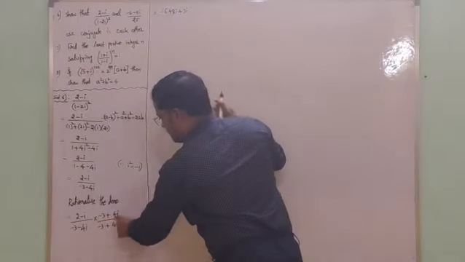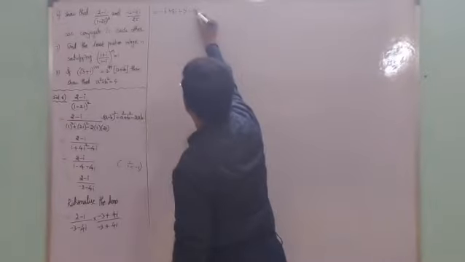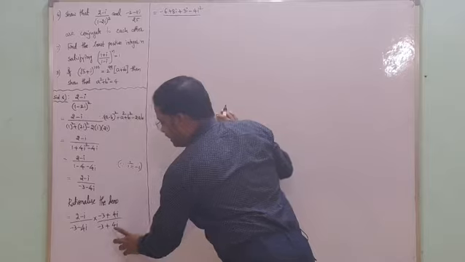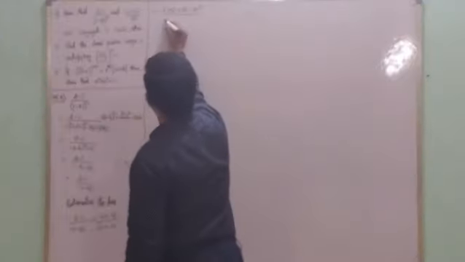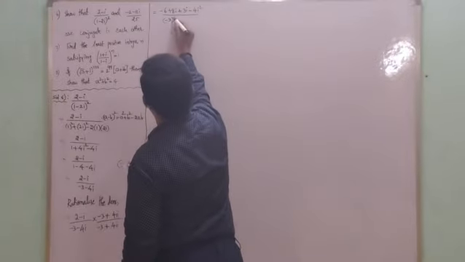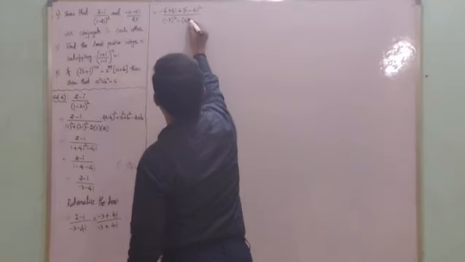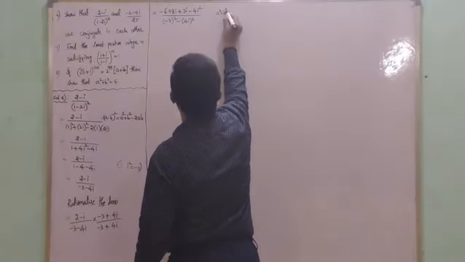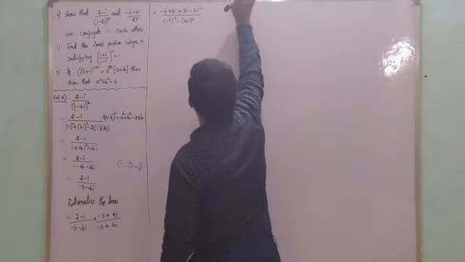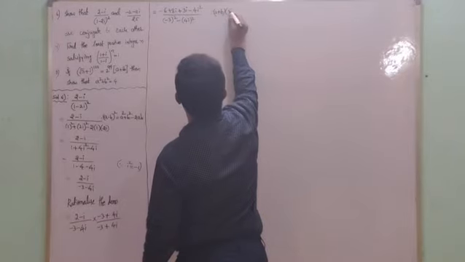Then minus into plus is minus, i into 4i is 4i square. The denominator is (a minus b) into (a plus b), which means a square minus b square, the first term squared minus the second term squared. We can use the formula here, a square minus b square, formula (a plus b) into (a minus b).